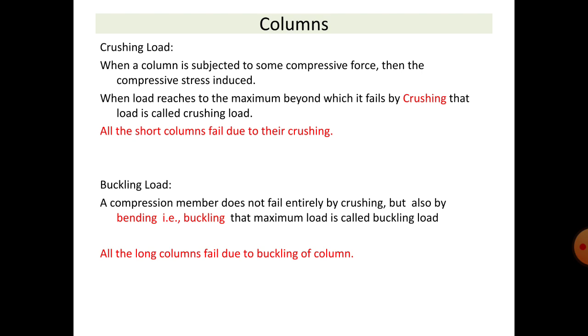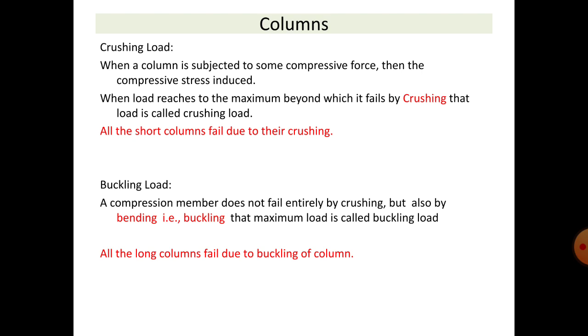When a column is subjected to some compressive load, it induces compressive stress, and when you apply the compressive load beyond a point, the column will crush. We are trying to compress the member, not pull it. We are pressing the member from both ends, so it will try to crush.